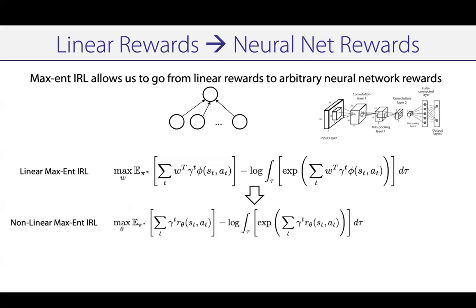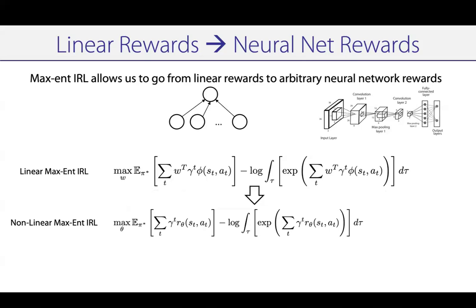Here it was linear: my reward is w transpose φ. But you can just represent this by some nonlinear function R theta. So the same objective is basically maximizing the sum of rewards for the expert and minimizing the sum of rewards for trajectories from the soft optimal policy.